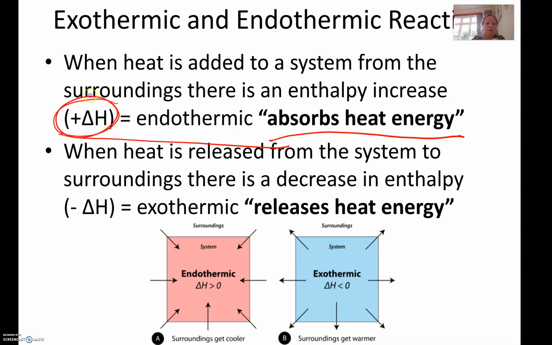So we say that enthalpy change is positive. And when heat energy is released from the system to the surroundings, there's a decrease in enthalpy. So the products have less enthalpy, and that's because energy is being released. And if energy is being released, the products must have less enthalpy, and therefore this is a negative enthalpy reaction.